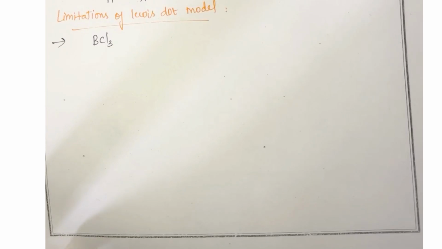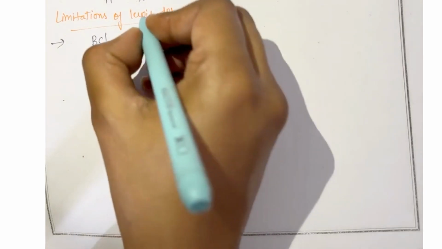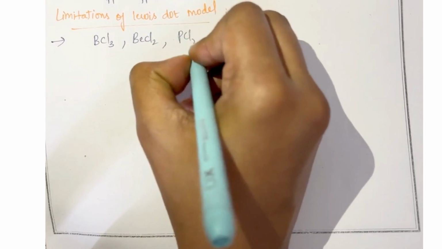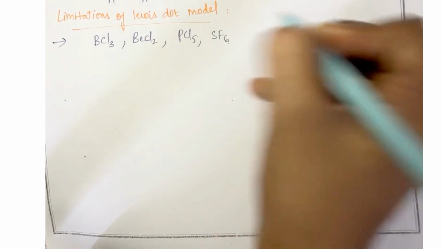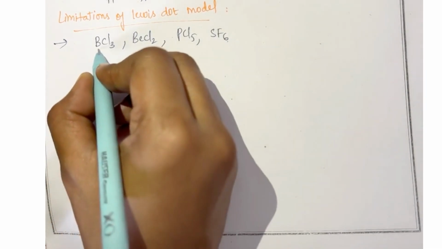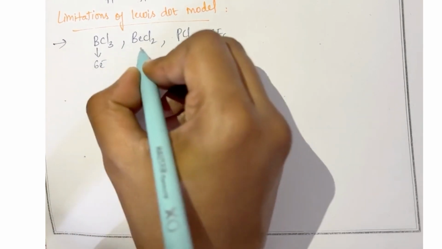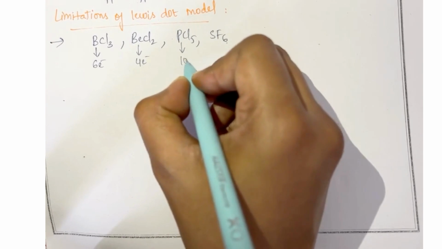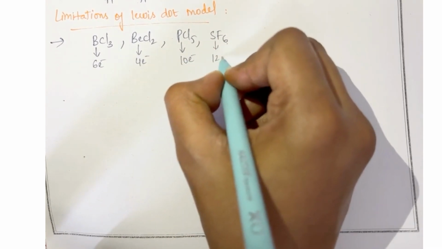Let us see the two most important limitations of Lewis dot model. Some molecules like BCl3, BeCl2, PCl5, SF6, etc. do not obey octet rule, where boron is getting only 6 electrons, beryllium gets only 4 electrons, phosphorus gets 10 electrons, sulfur gets 12 electrons.